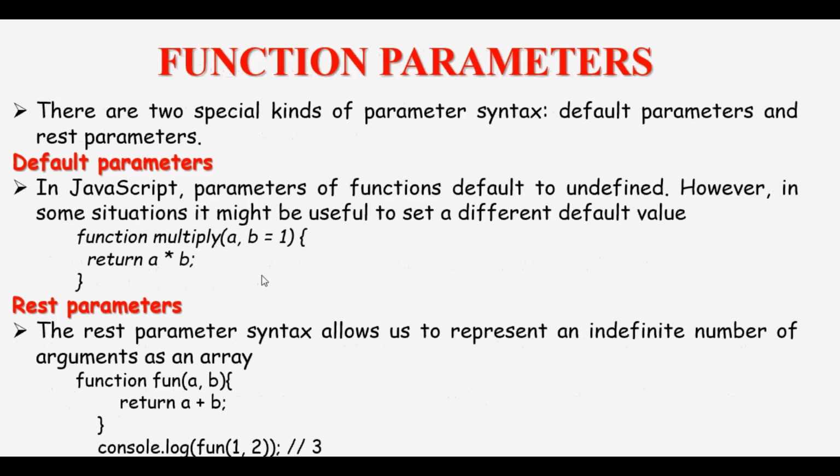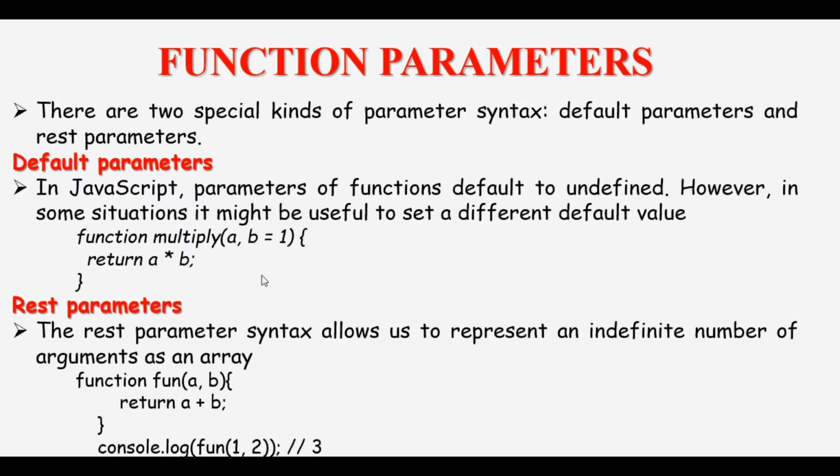For function parameters, there are two special kinds: default parameters and rest parameters. In JavaScript, parameters of a function default to undefined. So if you call that function and no value is specified for that particular parameter, it defaults to undefined.